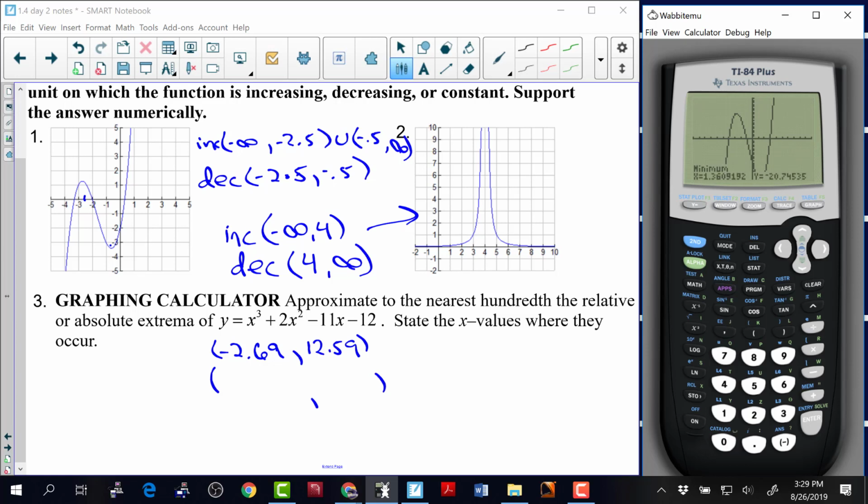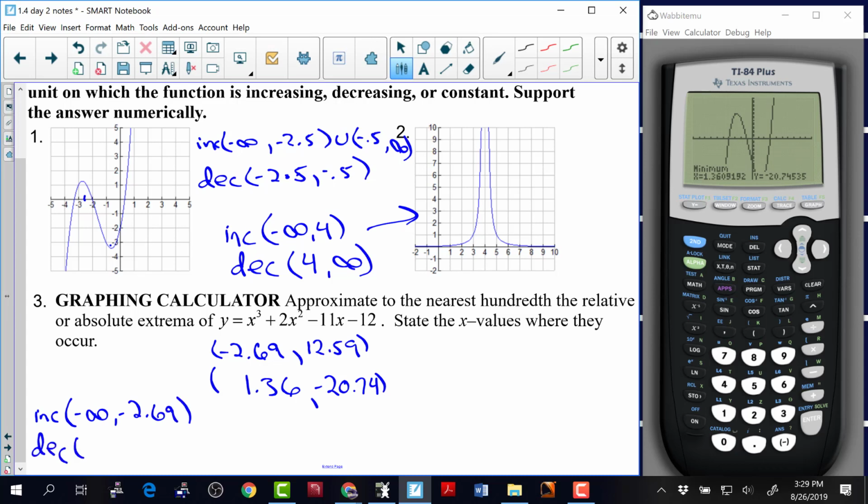Another way to do that is just holding down the arrow buttons. 1.36, negative 20.74. So this function increases from negative infinity to negative 2.69. Then it decreases from negative 2.69 to 1.36, and then increases again from 1.36 to infinity.